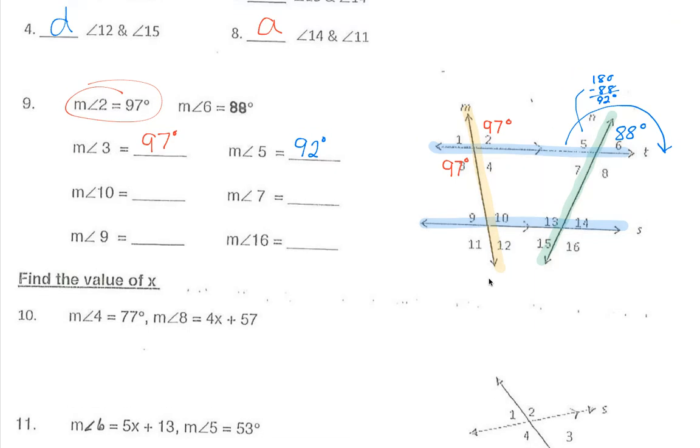Number 10. So number 10 has nothing to do with over here. Number 10 is in the same position as number 2. So we call those corresponding angles. So that's also 97 degrees.